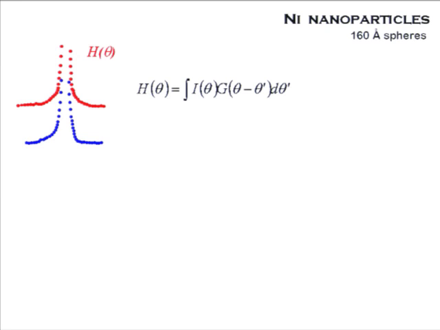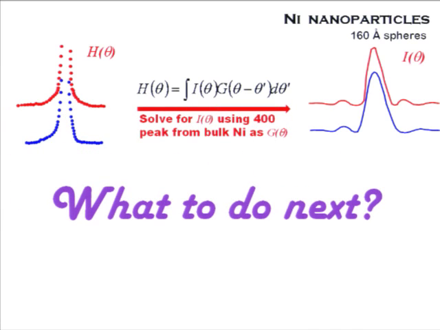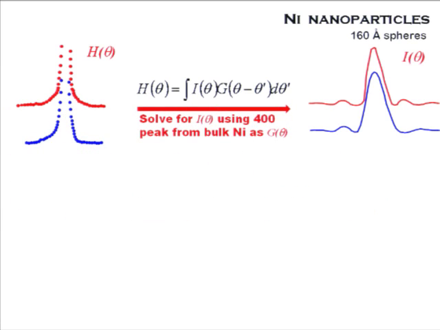So by solving this integral equation, we obtain these true profiles, and as you can see, in the case of non-oxidized nickel particles, we had two satellites of similar height, while the satellite on the left-hand side for the oxidized particles was essentially higher than on the right-hand side.